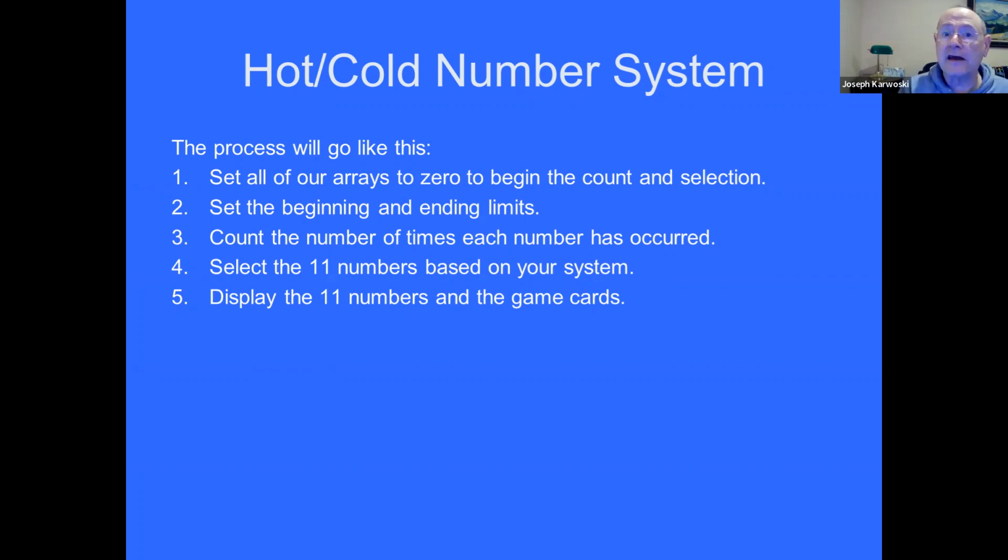That's simply setting a variable for your for loop, because you're going to have a for loop to go through to count these numbers. So step 2 is simply setting your beginning and ending values for your for loop to go through and add up. All right. Step 3, actually count all the numbers that have occurred.